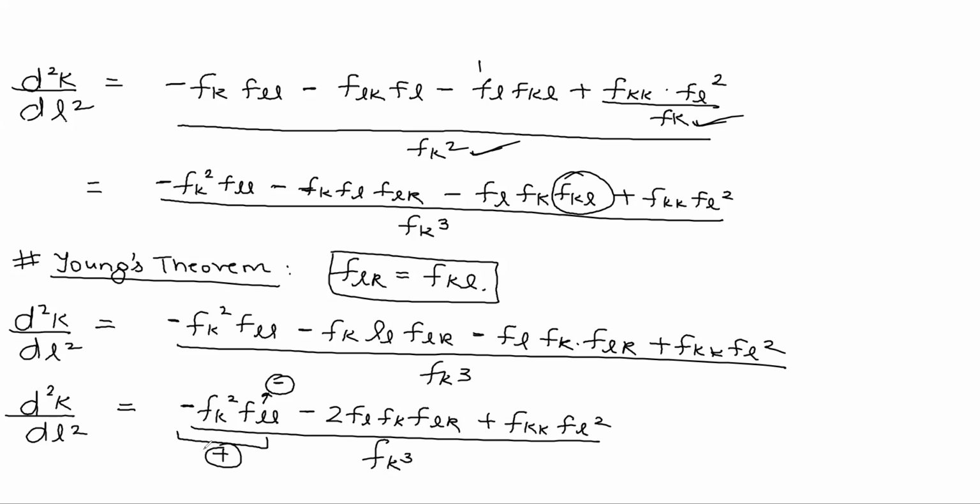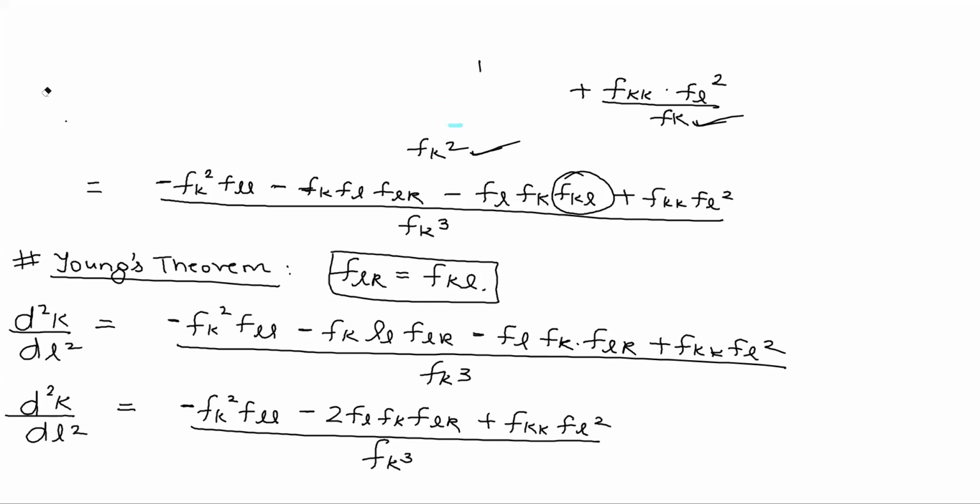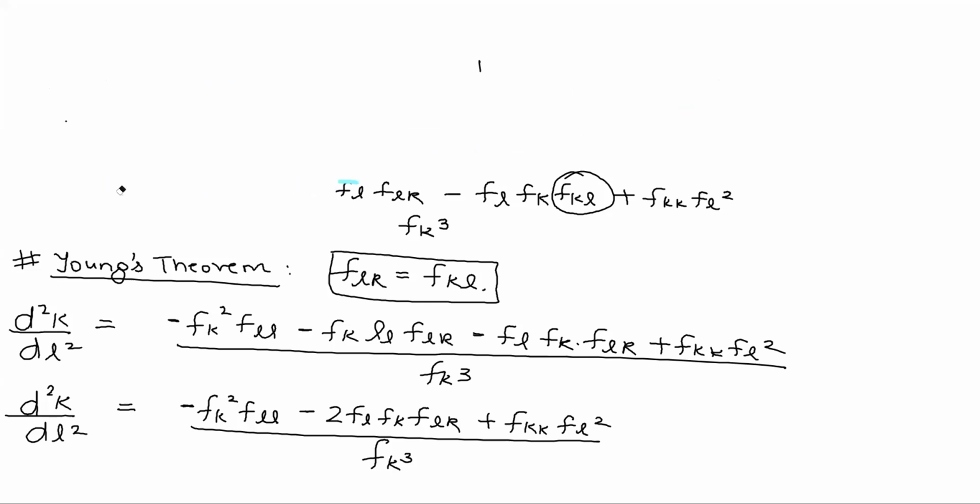Or there is another way where I can prove it. One method is this, one method is, let's not do it like this. Let's find out what is minus d square k by dl square. So if I erase the initial part, let us see what will be our minus d square k by dl square.